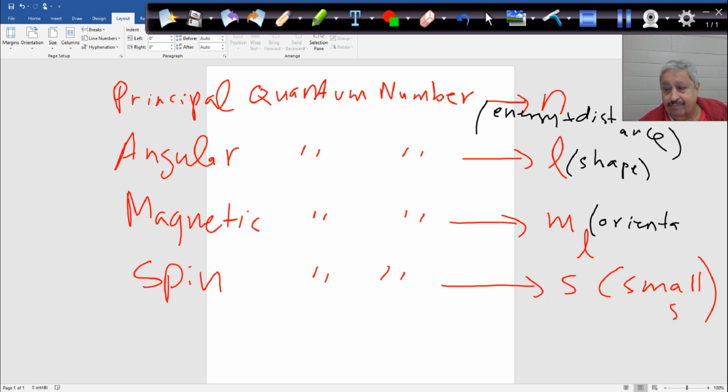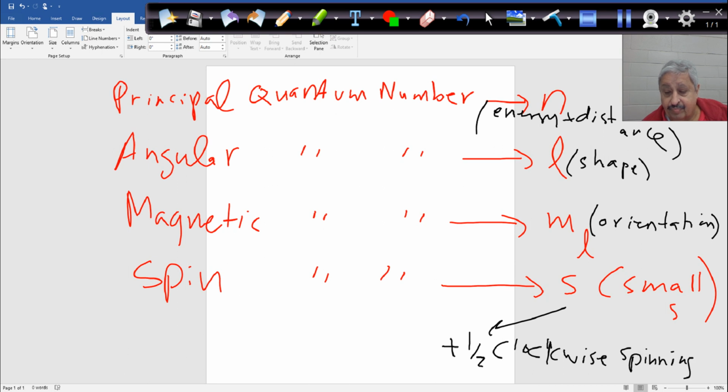This is plus half, clockwise spinning, minus half, anti-clockwise spinning of electron density. So that's the symbols, and that's what they do.